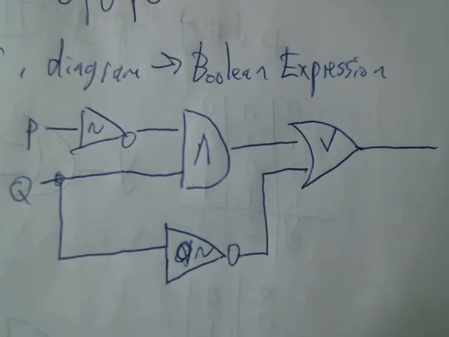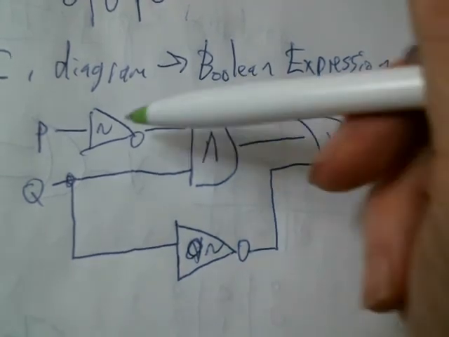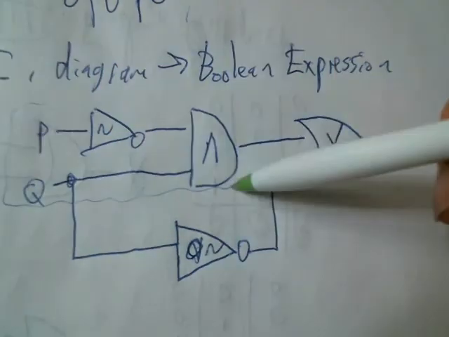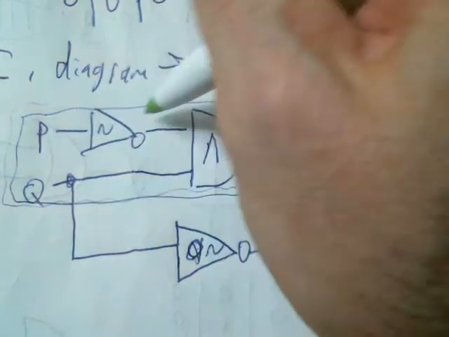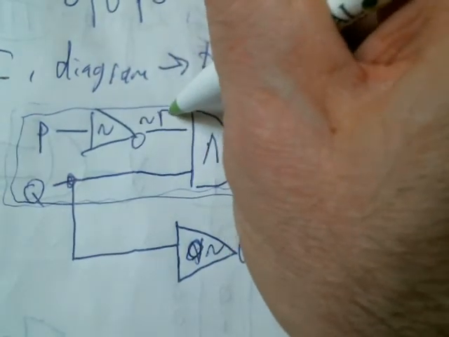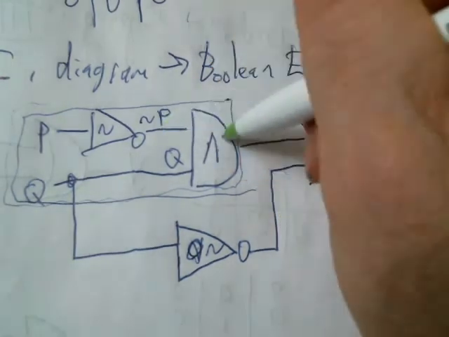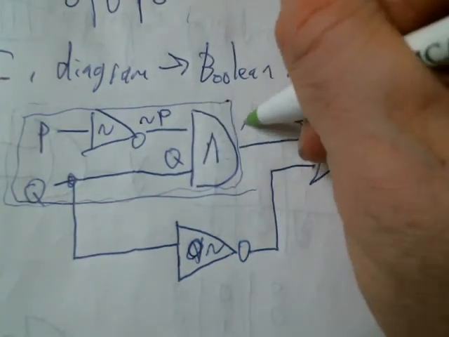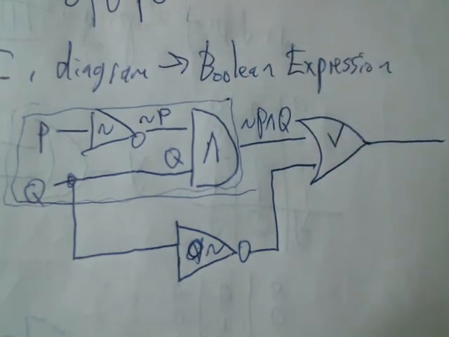I'm just making sure I got it copied right before I screw things up. Okay, so how does this go? You can kind of see that these two are attached by this AND. So it's going to be a NOT P right here and Q right here. So the result of this gate is going to be not P and Q. All right.